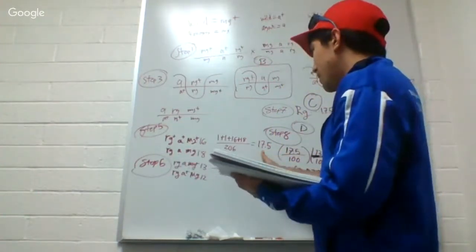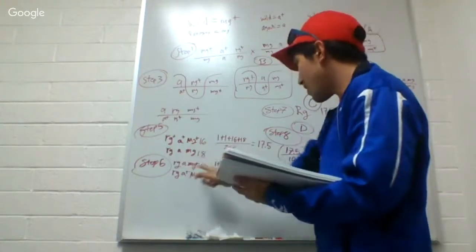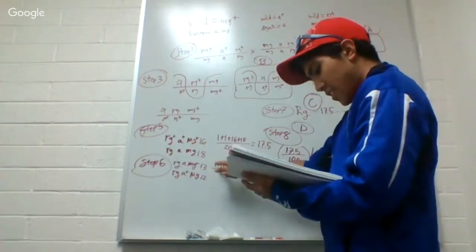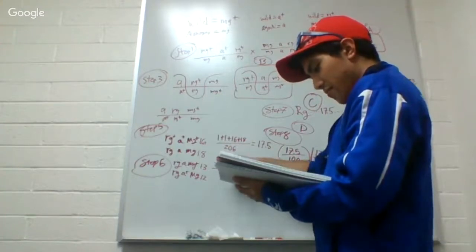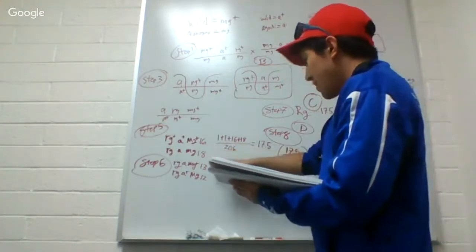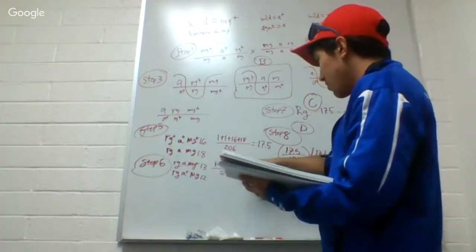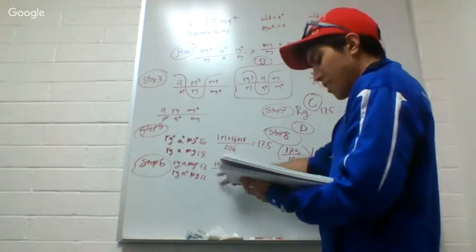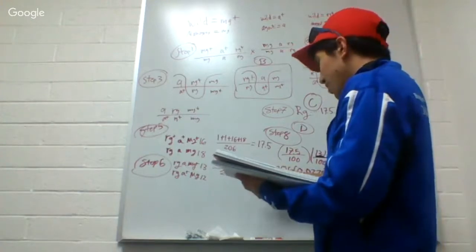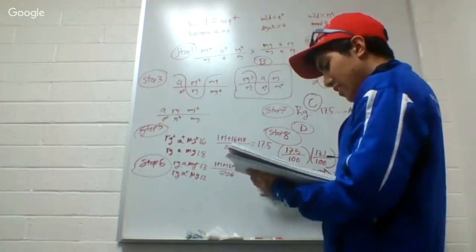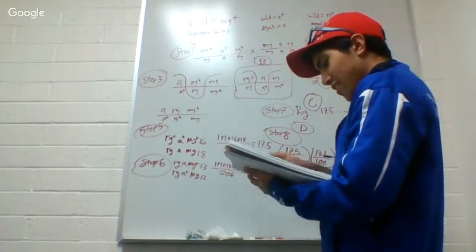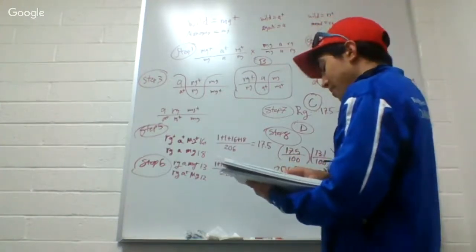And for step 6, again, same process. We have 10 plus 14 plus 30 plus 46 over 1,000, and then times it by 100, and we would get 10. Should be a 10, right? Yeah, it's a 10. I can't read my own handwriting.